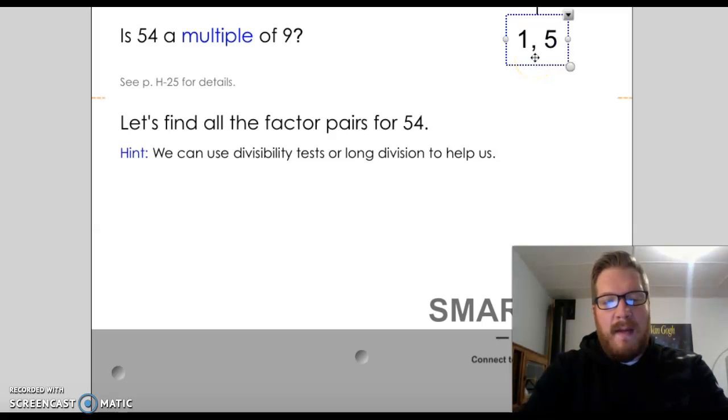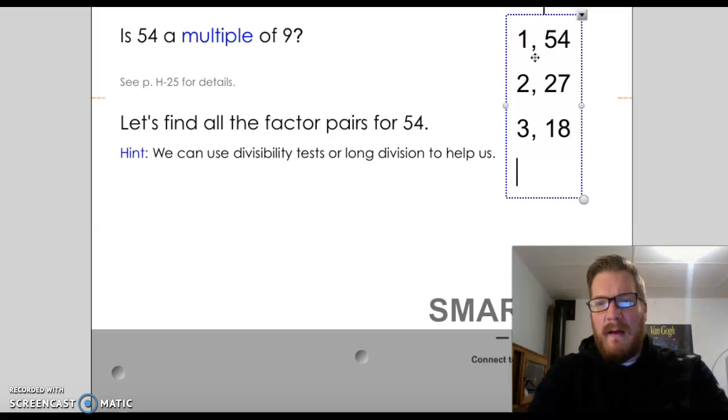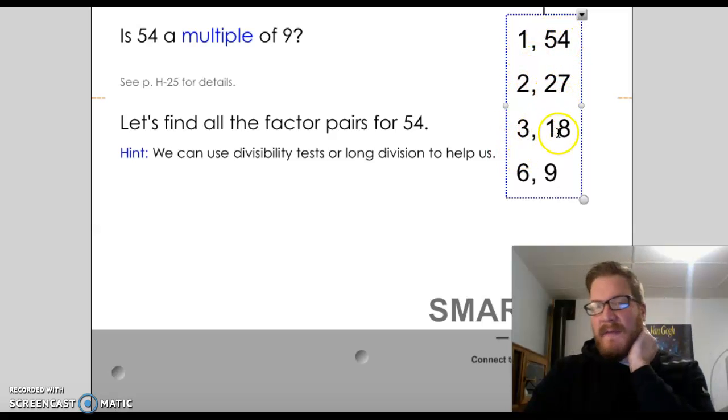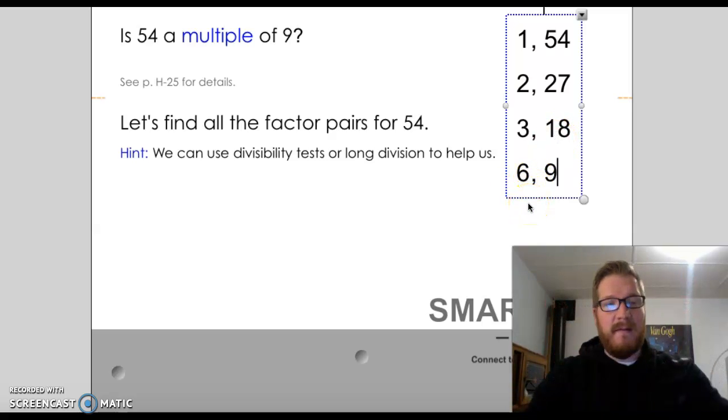So I have 1 times 54, I have 2 times 27, I had 3 times, I can't remember, 3 times 18 I think. 4 no, 5 no, and then 6 and 9. And those are all the factor pairs of 54, right? So 1 times 54, 2 times 27, sorry, 3 times 18, and 6 times 9, right? So those are all, hooray, yes, factor pairs.